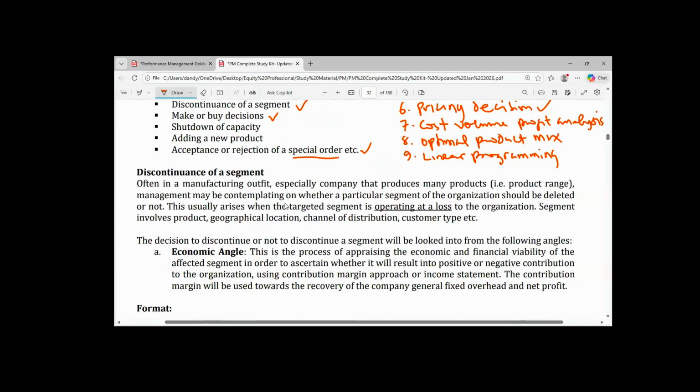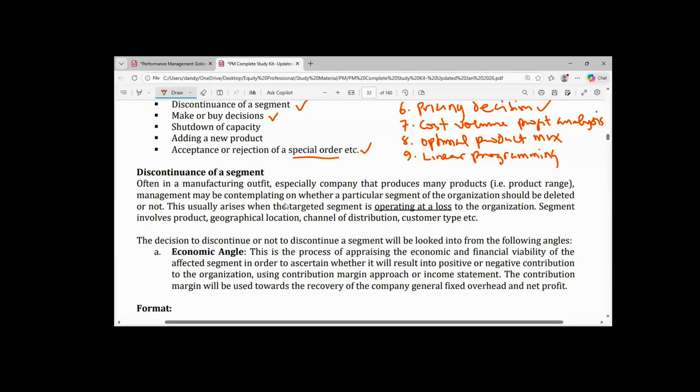I will explain what deleting of a segment is, what format you can use to carry out your economic analysis of the decision, and what the qualitative factors are. Then we'll begin to solve illustrations. For each of them, we are going to solve a minimum of two illustrations.